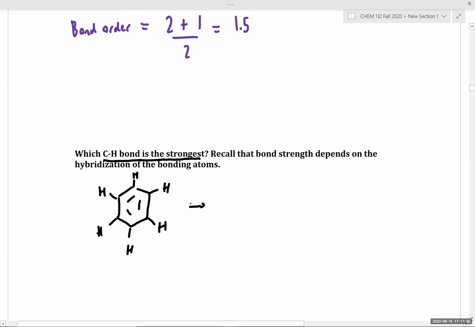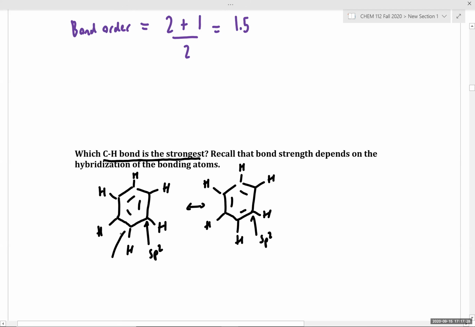If we look at both of our contributing structures, we notice that in each of our structures, the hybridization for each of our carbon atoms is sp2. So there's no difference in the resonance structures comparing the hybridization.